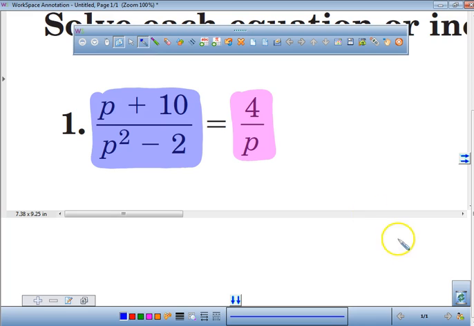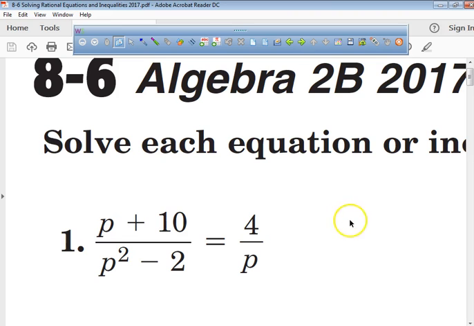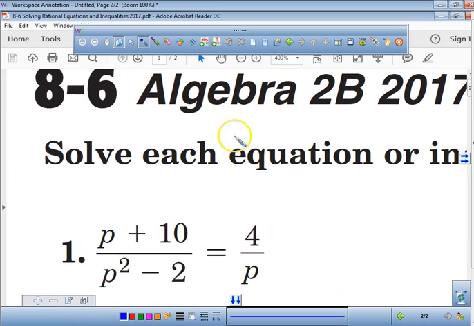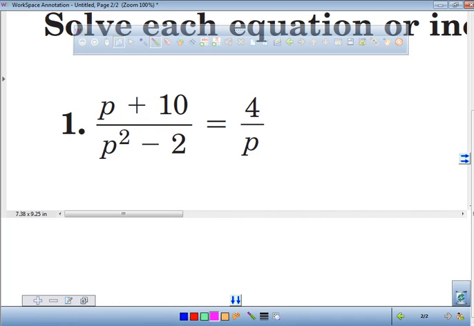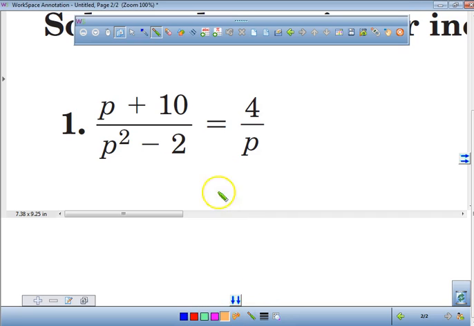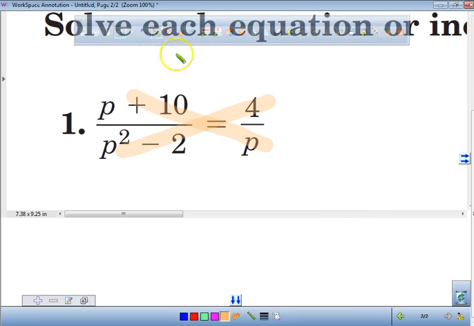We call those proportions. So whenever you have it set up like this, where it simply looks like a proportion, we can simply cross multiply. Because when you set up a proportion, cross products are always equal.